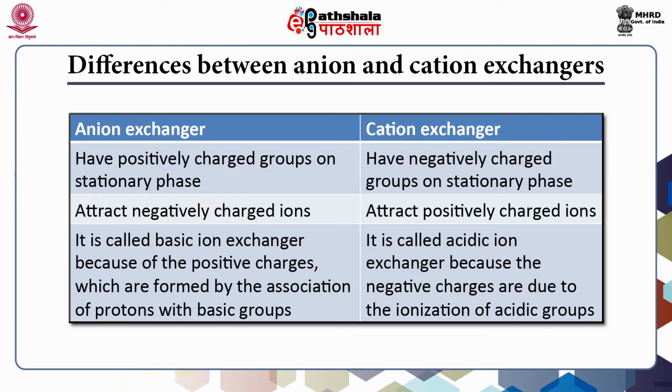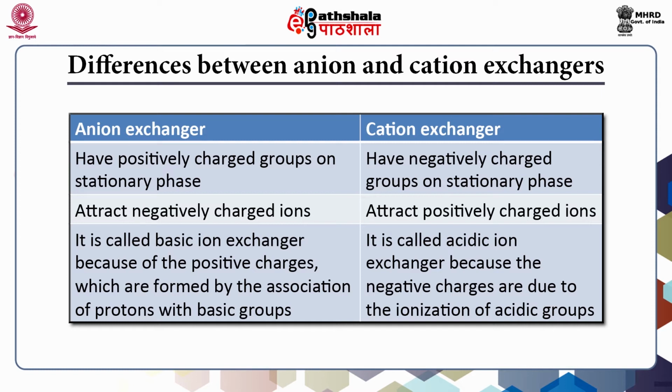That is why the anion exchanger is also called as basic ion exchanger. On the contrary, the cation exchanger is called as acidic ion exchanger because the negative charges present on the surface of the cation exchanger are mainly formed due to the ionization of acidic groups.